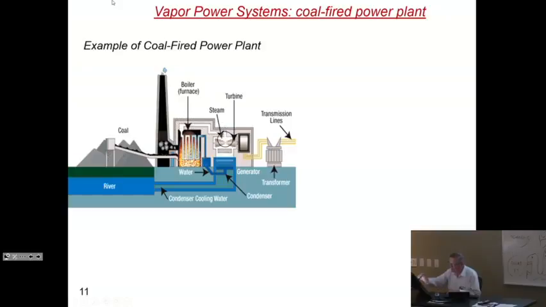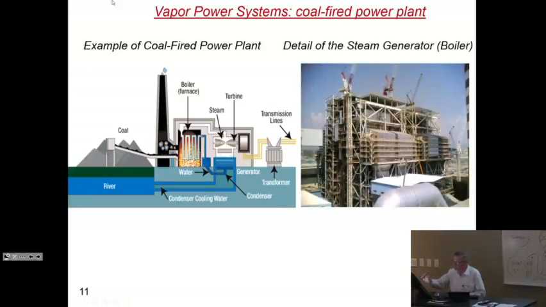The steam is sent into the turbine, which in turn drives the generators, and then it goes into the condenser. The condenser is a really large thing. Here is the river, pumps water in and pumps the water back into the river. This is one of the reasons why many of these plants are located along the rivers, the Ohio River, or along the lakes. It's the need for cooling.